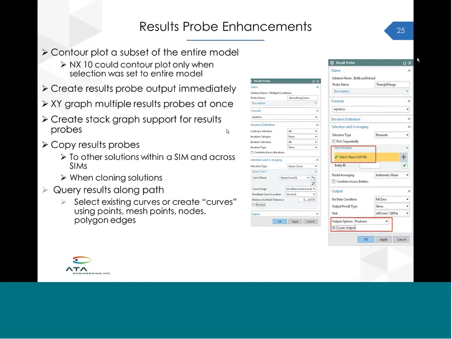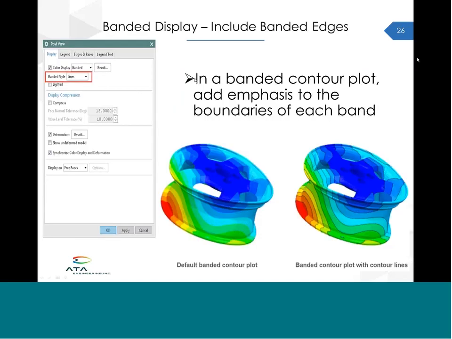And then one final thing you can do is you can query results along a path by creating your own user-defined curve along mesh points or nodes or polygon edges rather than being restricted to the somewhat more limited way of creating result probes.